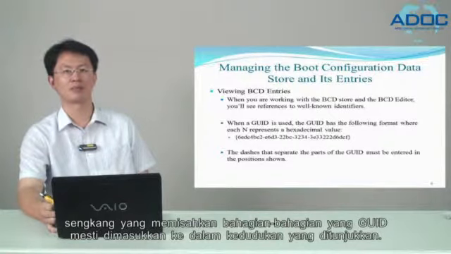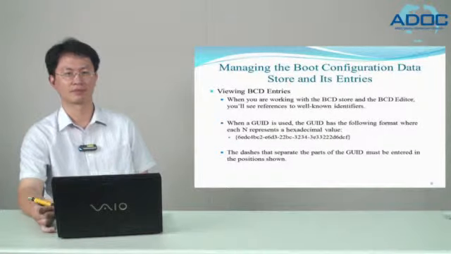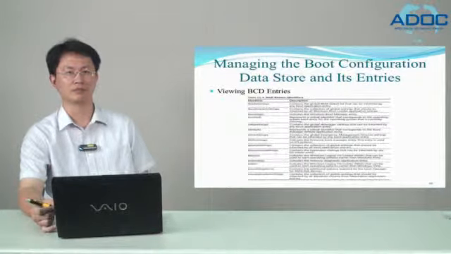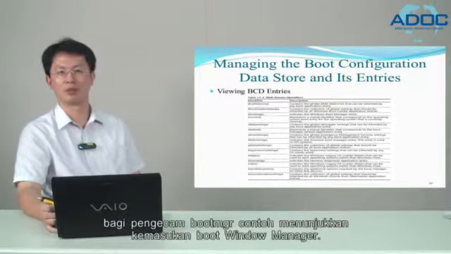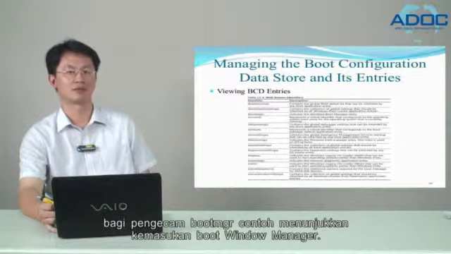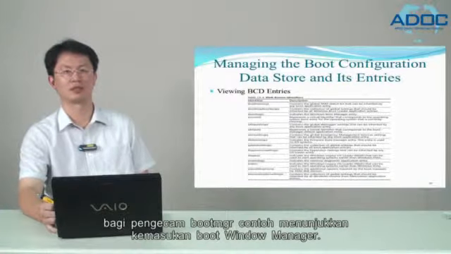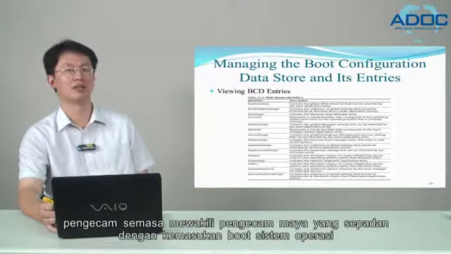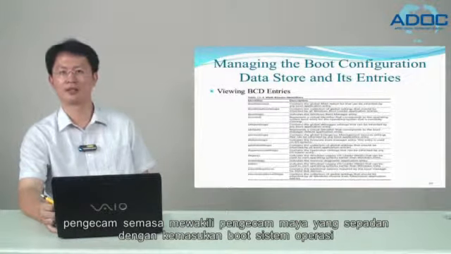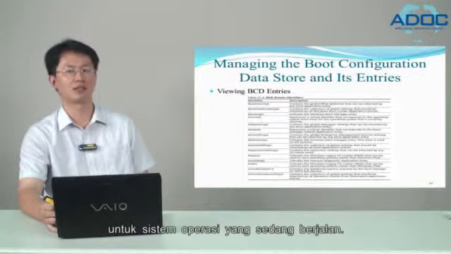The dashes that separate the parts of the GUID must be entered in the positions shown. And here are some well-known identifiers. For example, bootmgr identifies the Windows boot manager entry. Current represents a virtual identifier that corresponds to the operating system boot entry for the operating system that is currently running.